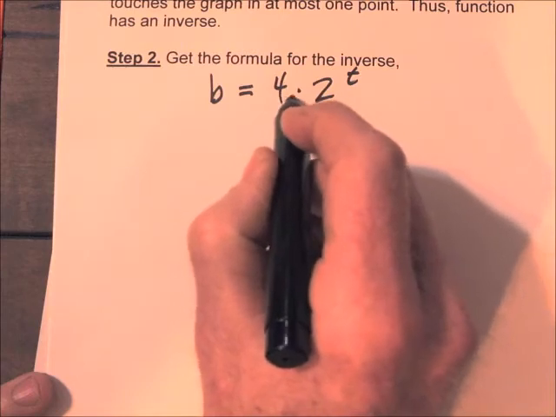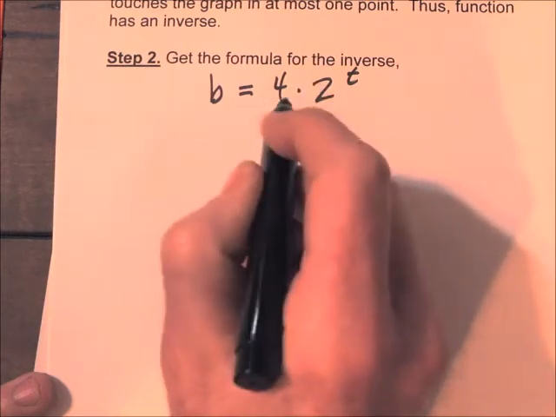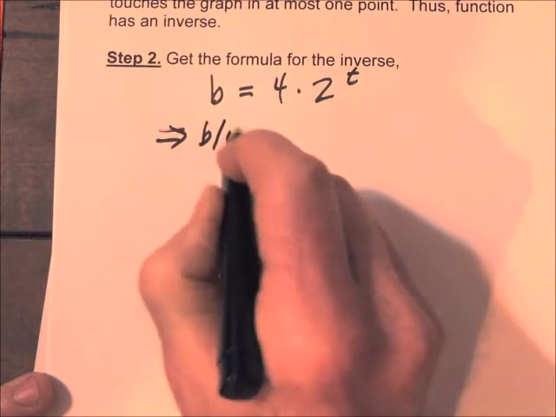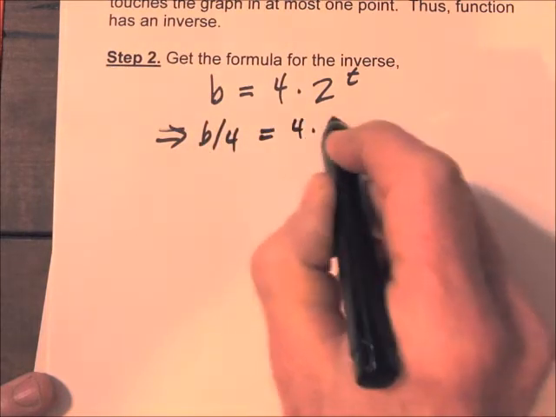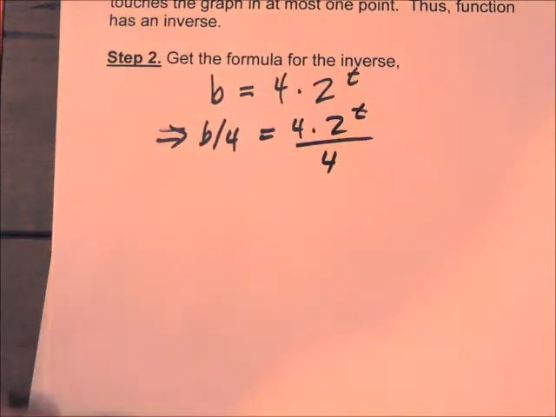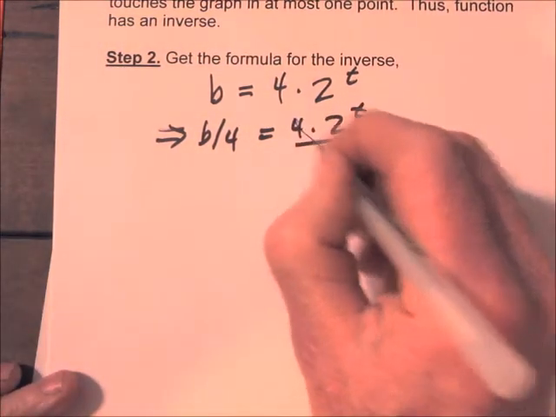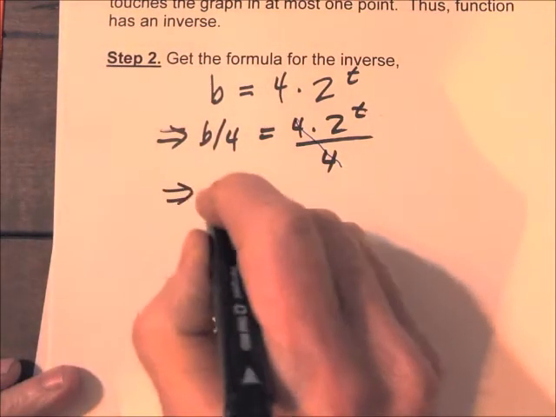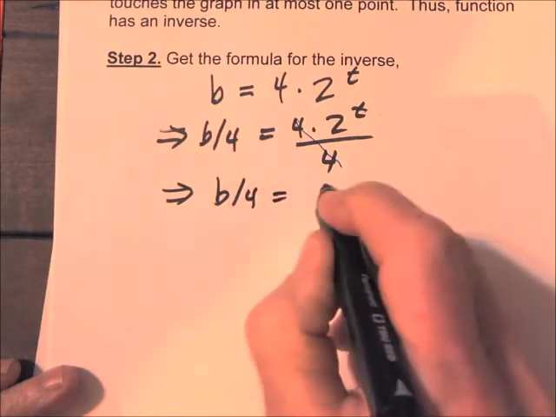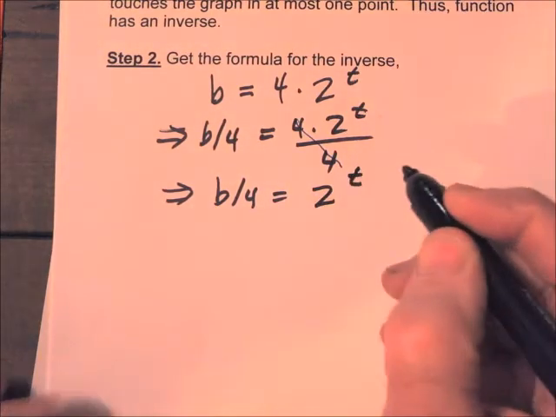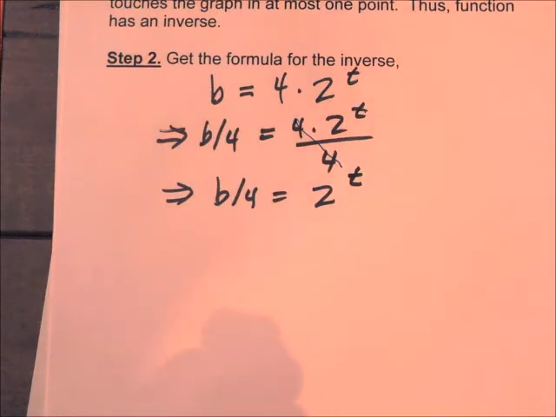To get rid of this 4, which is part of a multiplication, we can divide both sides of the equation by 4. On the right side the 4's will cancel, and that'll give us b over 4 is equal to 2 to the t power. Now there's no algebraic way of solving this for t.